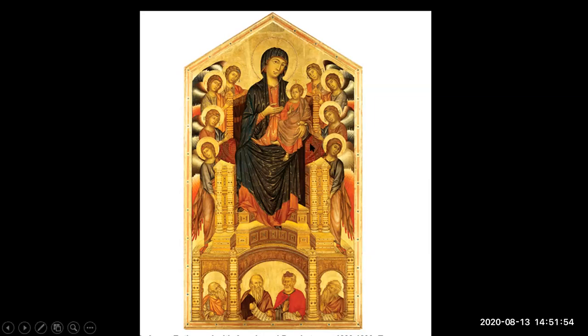And then you'll notice that even though these figures are closer to us, seemingly, because they're at the base of this throne that is closer to us than further back, these figures are smaller than the figure that's further back, the figure of the Virgin Mary. And that is because this is what is known as a hierarchy of scale. So the people that are larger are the people that are more important.